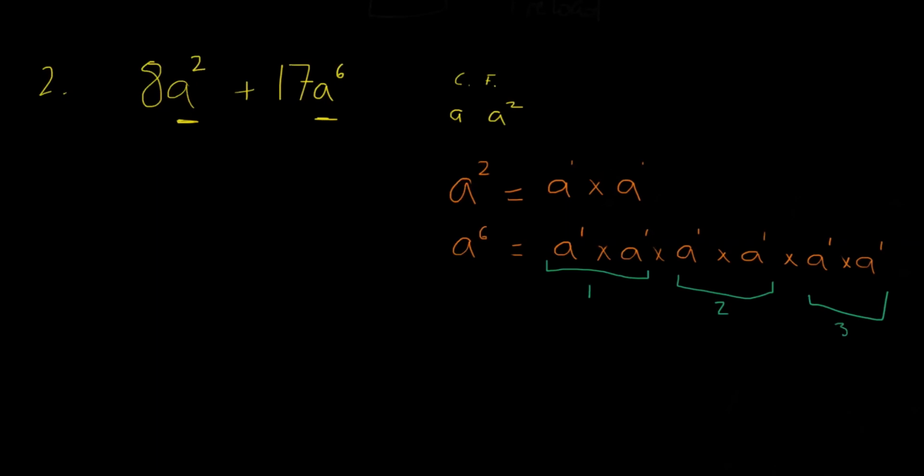So I can take a squared outside and start opening the bracket. So what's the first term then if I take a squared outside? 8. Perfect. Plus 17, because I've got no common numbers between 8 and 17.